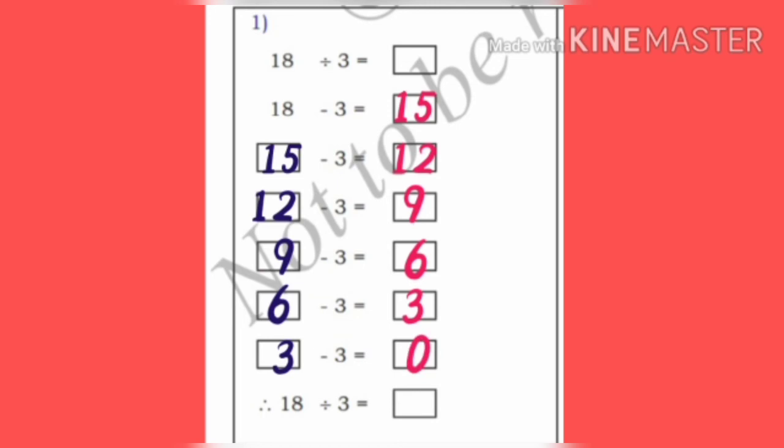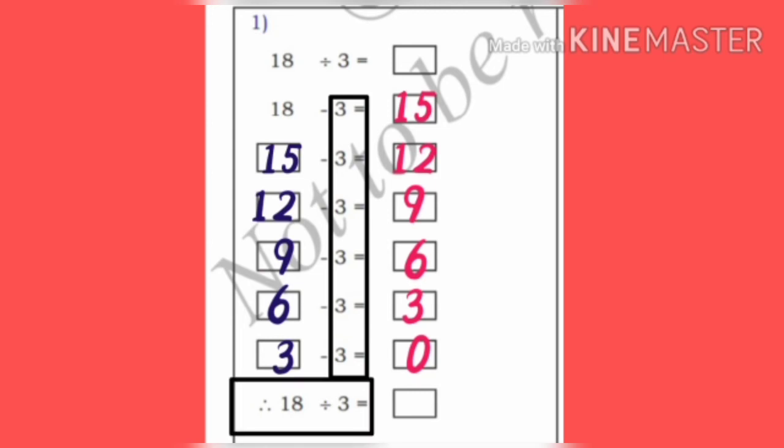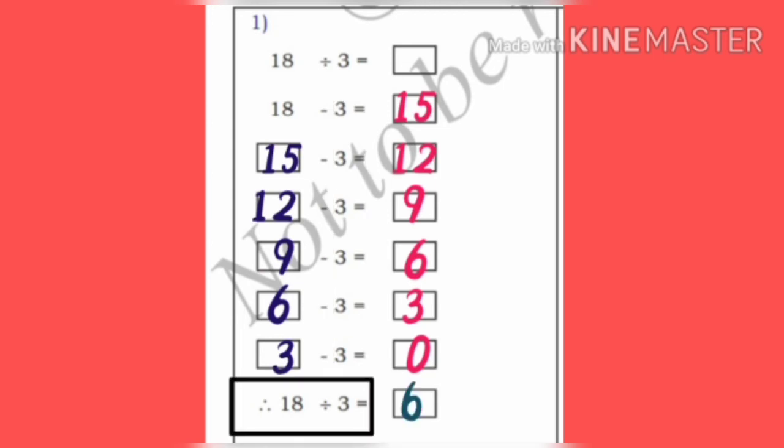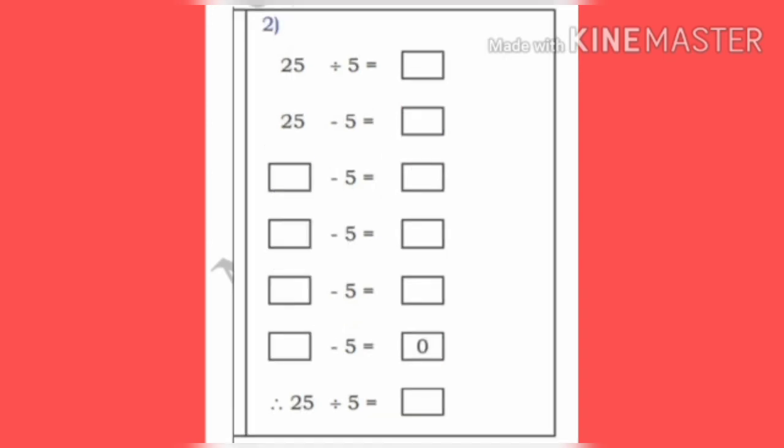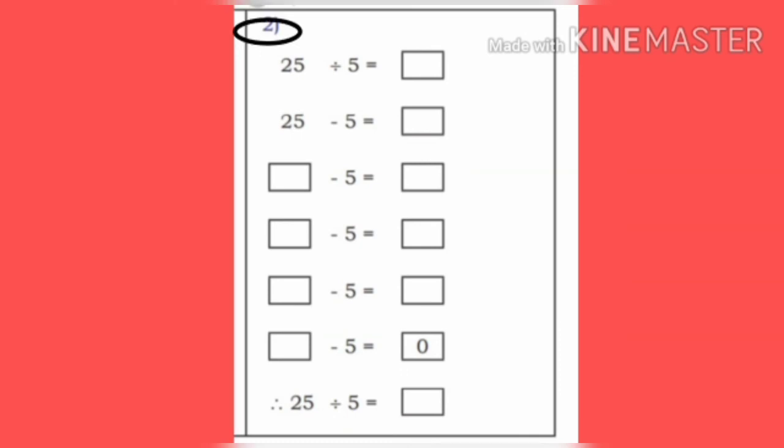So here 18 divides 6 times into groups of 3. Therefore 18 divided by 3 is equal to 6.